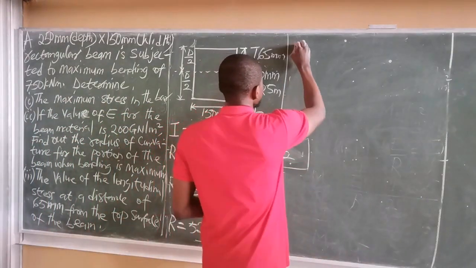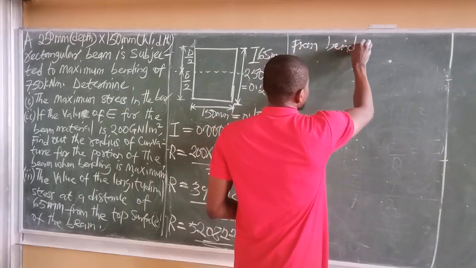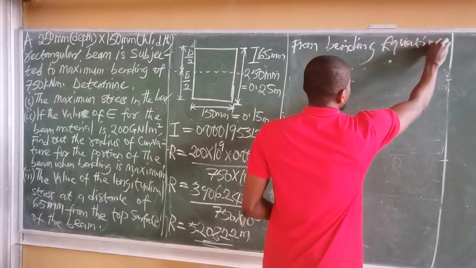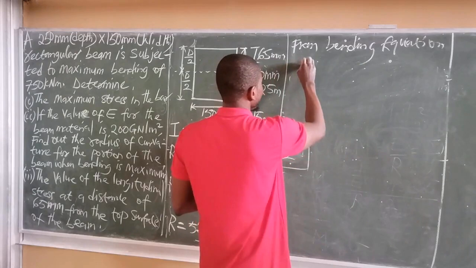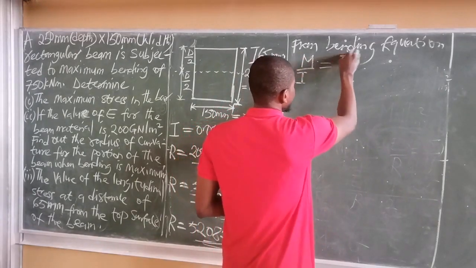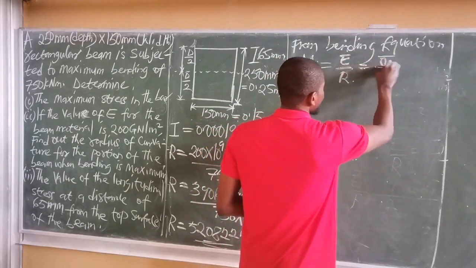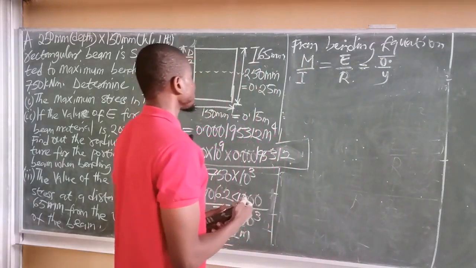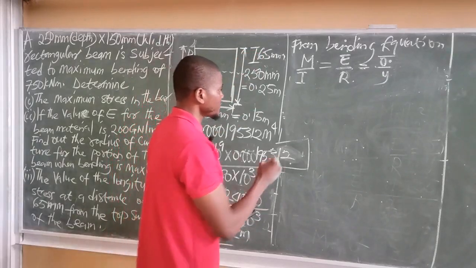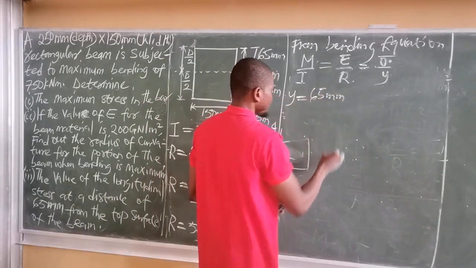From the bending equation, we simply have M over I equals E over R equals stress over Y. Now they've given us a value for Y at 65 millimeters from the top, which simply means that Y equals 65 millimeters.